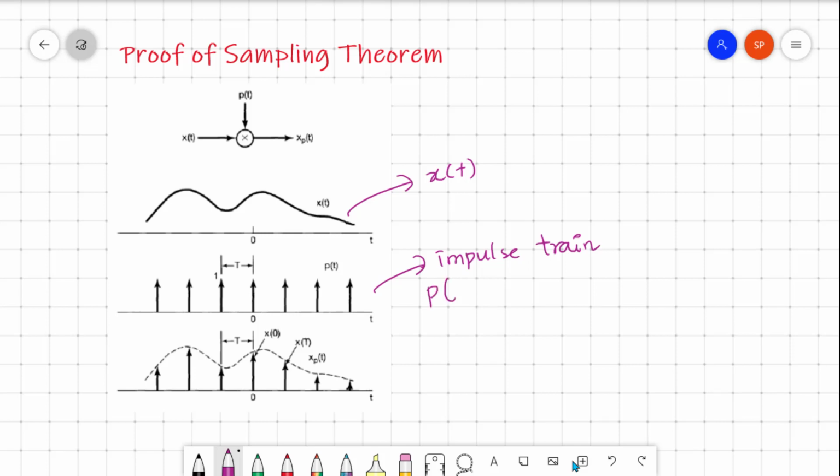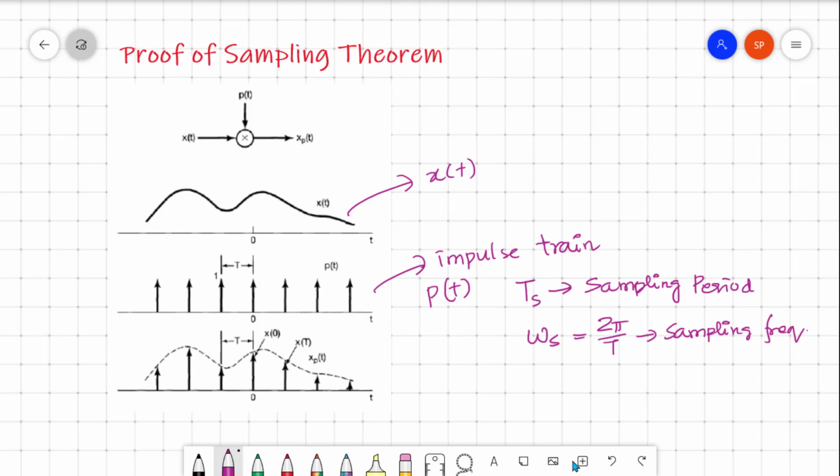Let us represent the impulse train using p of t, and the period of this p of t is capital T, or sometimes we will represent it using Ts. This is the sampling period, and we can also represent the sampling frequency omega s as 2 pi by T. This is known as the sampling frequency.